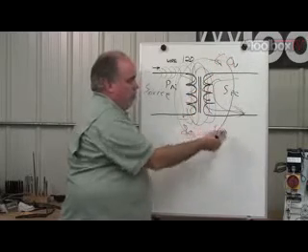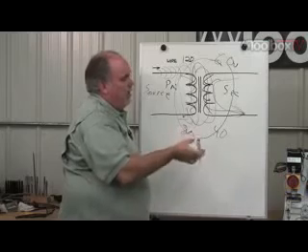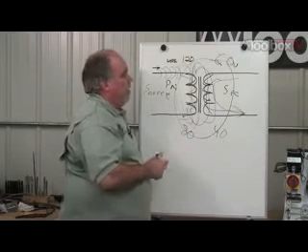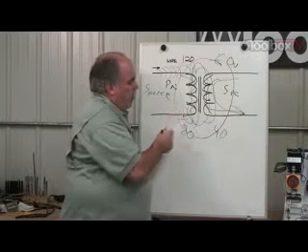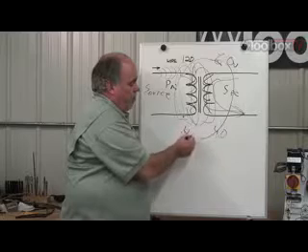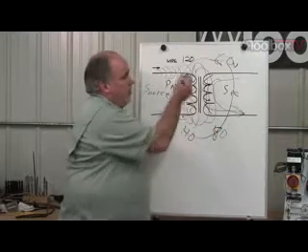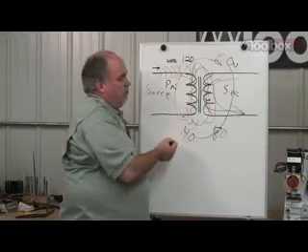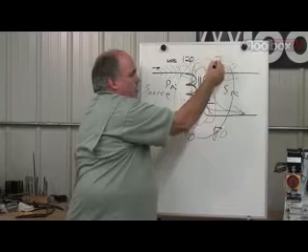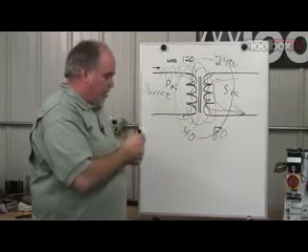That would be a 2-to-1 ratio, a step-down transformer. And you can do the same thing backwards. You can make a step-up transformer, which we do oftentimes. And that way, the primary would have fewer turns. Like you'd have 40 turns on this side and 80 turns on that side. So if you put 120 on the primary, you'd get 240 on the secondary. So you can step up and you can step down the voltage in a transformer.